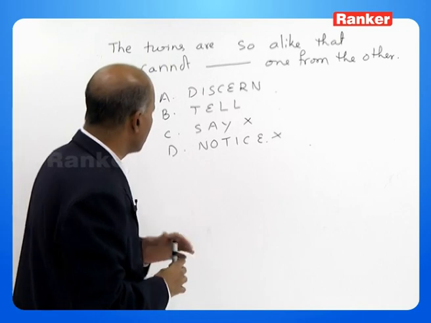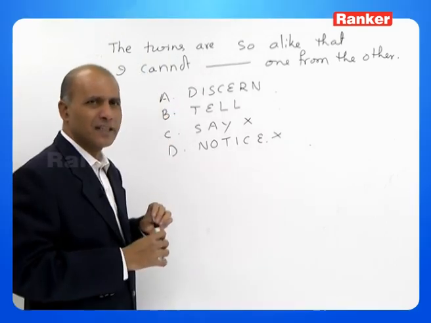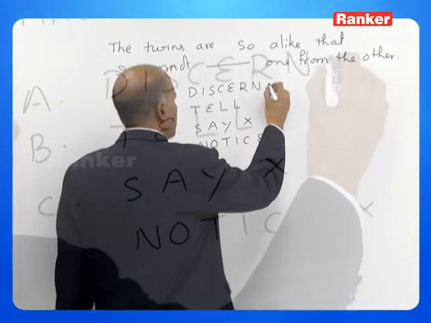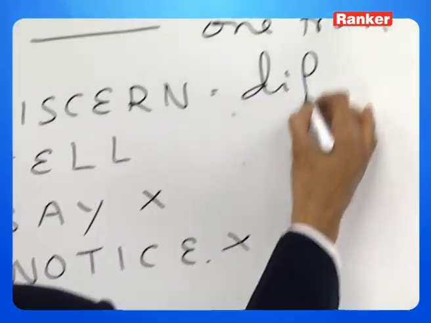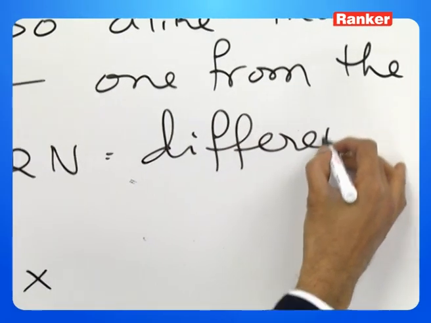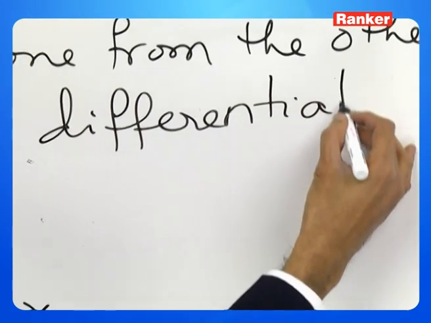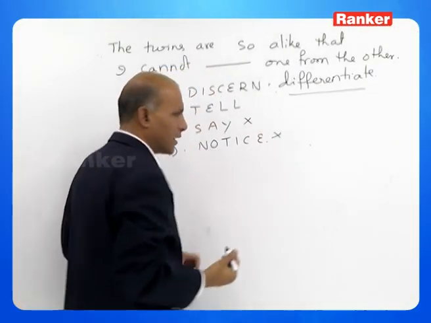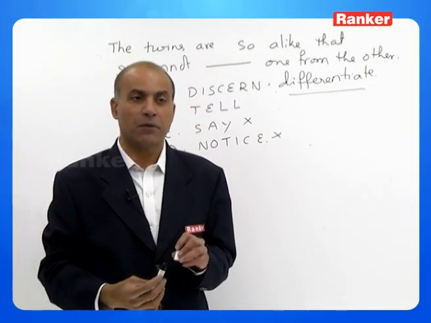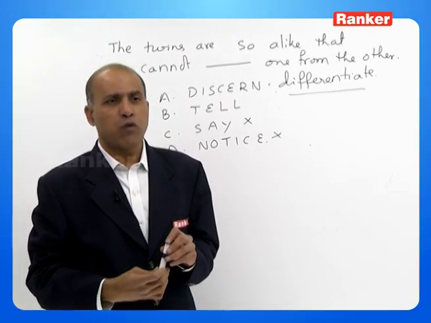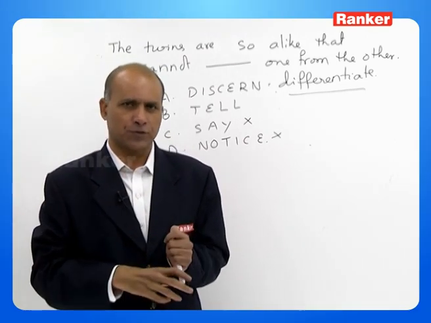Now here, the main confusion is discern and tell. Discern, if you read dictionaries, the meaning is given as differentiate. Discern is taken in the meaning of differentiate, to find the difference between two things.